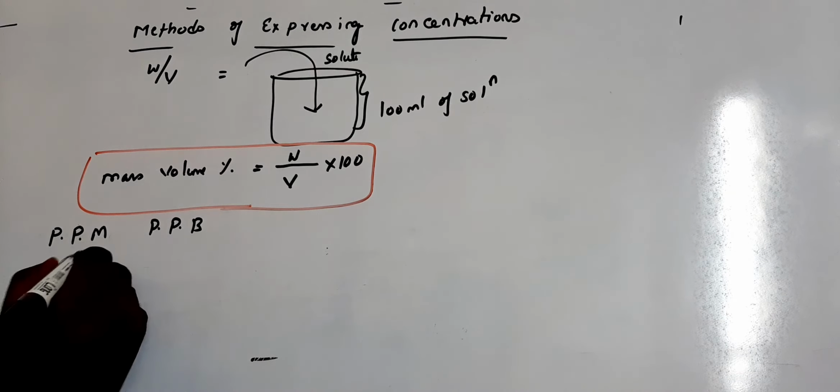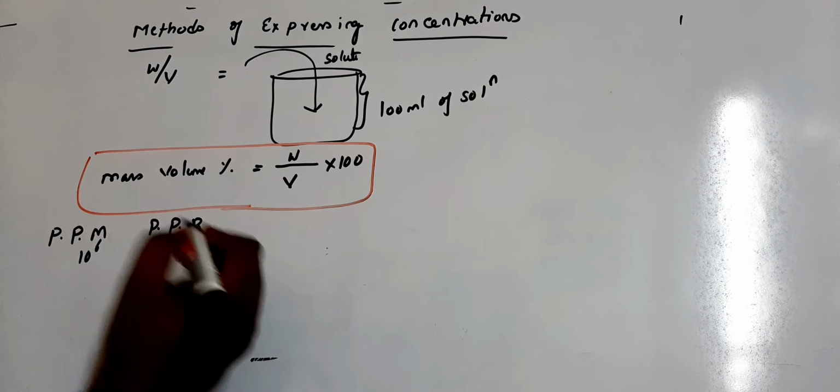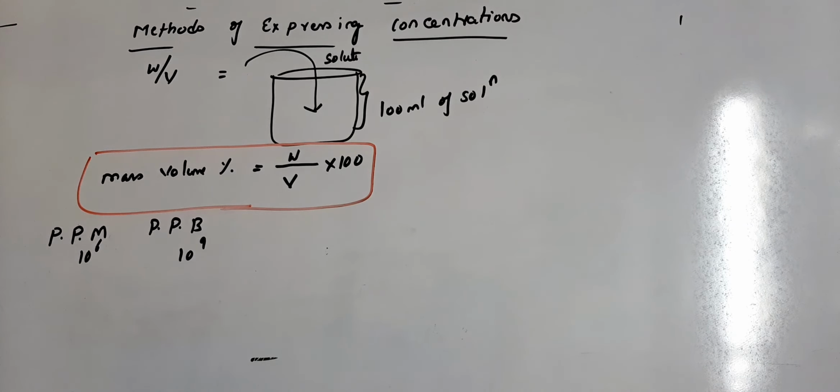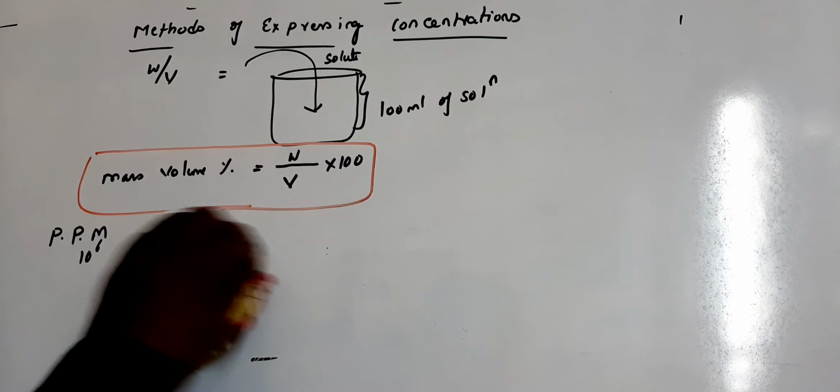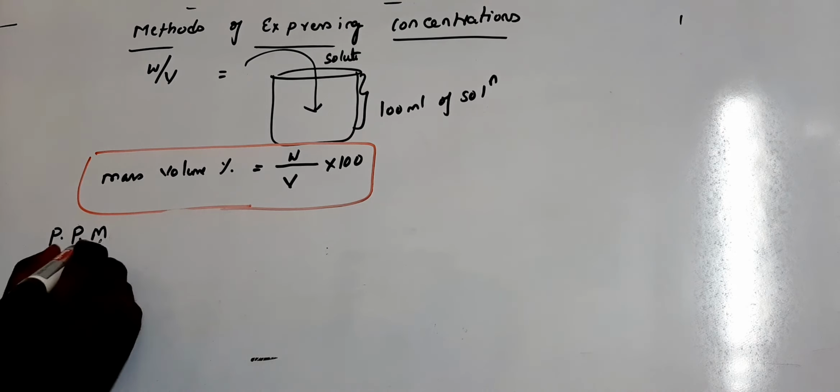Parts per million means 10 to the power of 6, parts per billion means 10 to the power of 9. First we discuss parts per million. What is meant by parts per million?